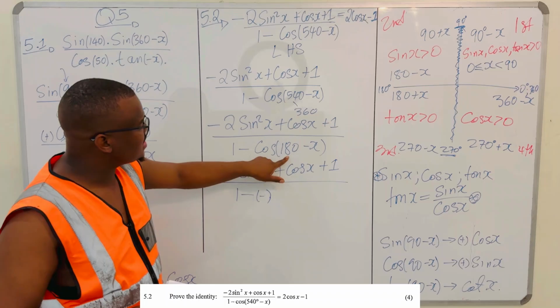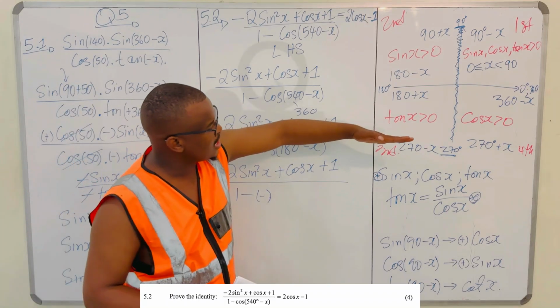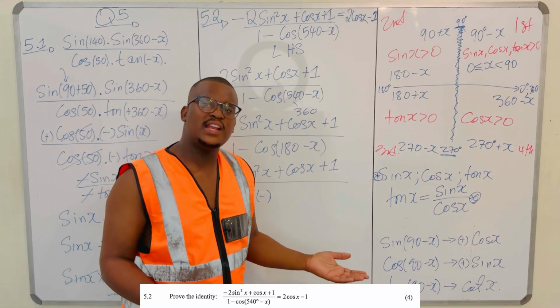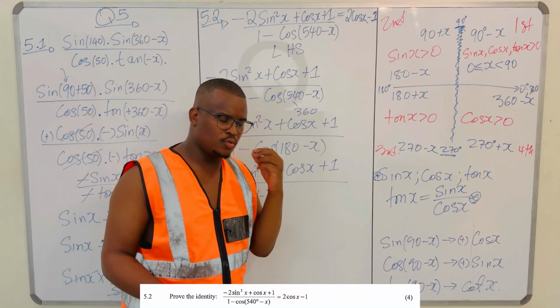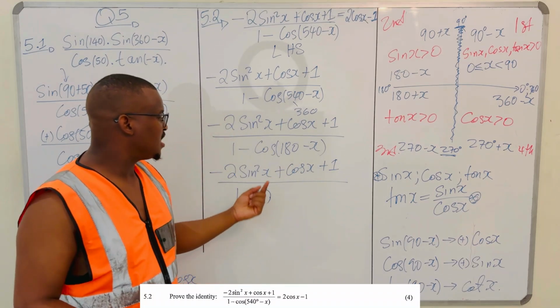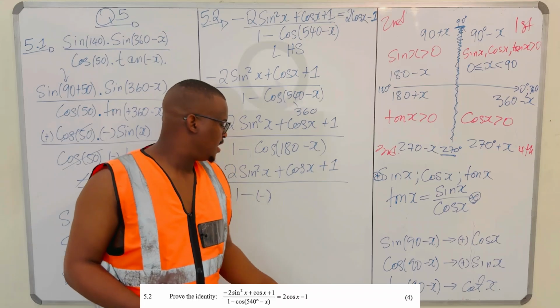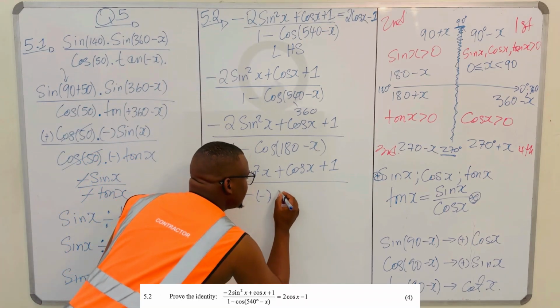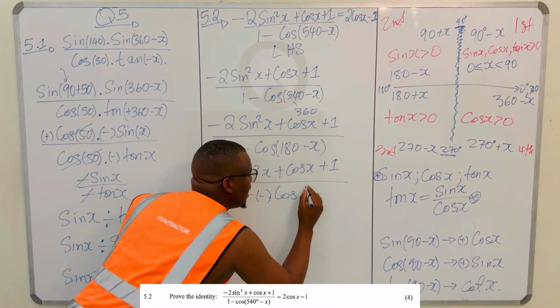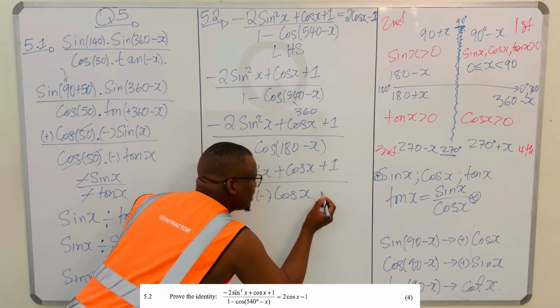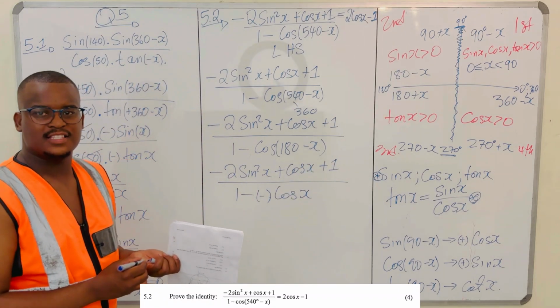Because this is on the horizontal line, the trig ratio cos will not change to its cofunction. It will remain the same. So we'll have the cosine of that acute angle x there.